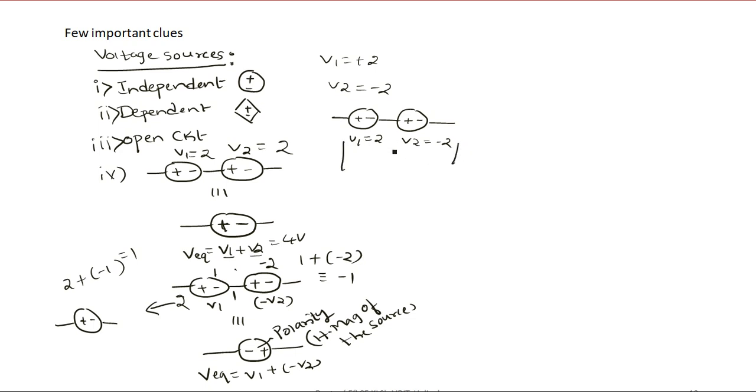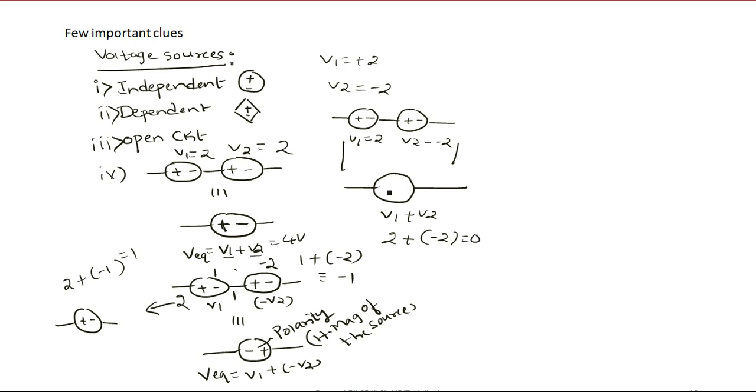Yes, sir. So this equivalent voltage source you want, right? First thing is we know both voltage sources are in series. They are in series, so they will add up anyway, right? So we need to write V1 plus V2. Don't worry about the magnitude right now. What is V1? It is 2, plus what is the magnitude here? It is minus 2. So this is going to be 0 volts.